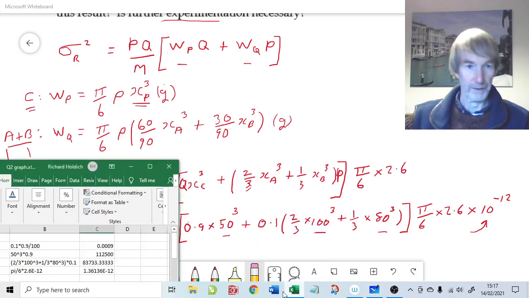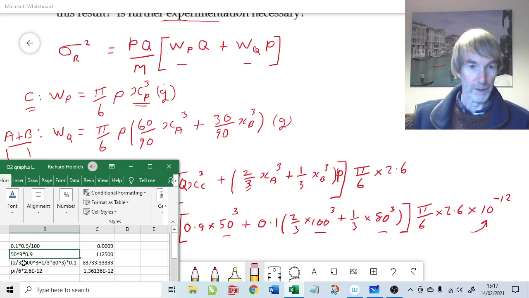What I've done in Excel, I've set up the 4 separate components to the calculation. There's the initial PQ over M. Okay, so that's P, that's Q, and that's M. Then I've got the 50 cubed times 0.9, which is the first term inside the square bracket.